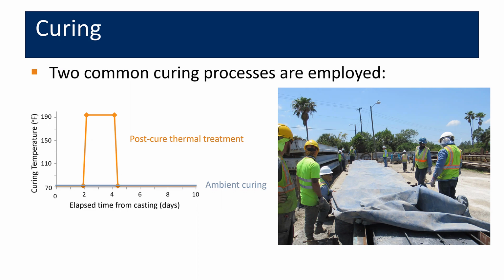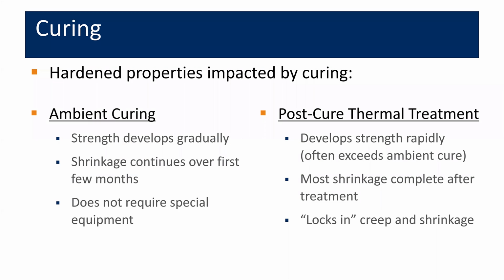There are some benefits to that we'll talk about in a second, but that's in comparison to regular ambient curing where the concrete's just allowed to cure. I should say that ambient curing does provide, through heat of hydration, some significant temperature typically with UHPC, and that's beneficial from a strength perspective.